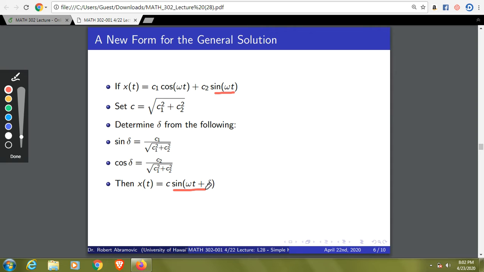That becomes the sum. There's a sum angle formula for sine. It says that's sine of omega t plus delta. You can read about that in your textbook. And of course, we have c out front.